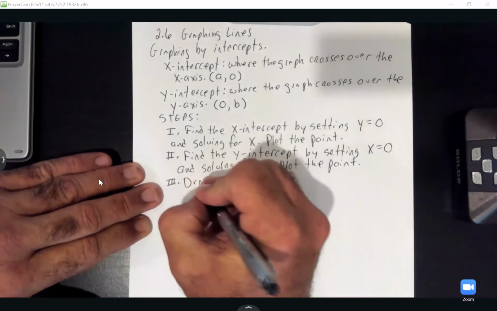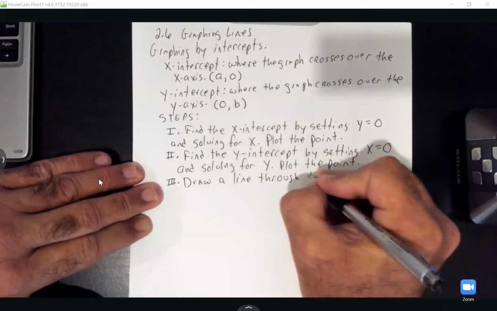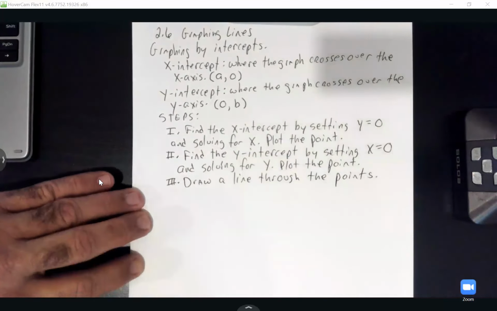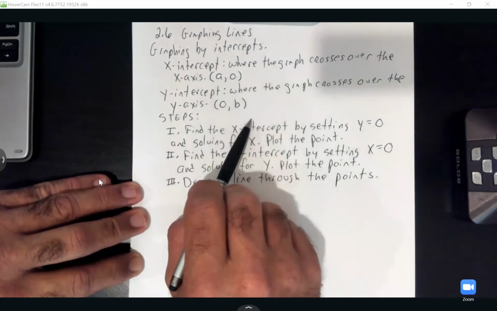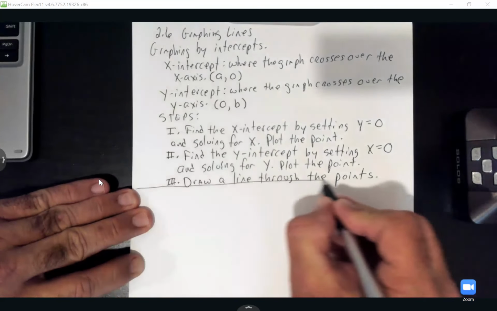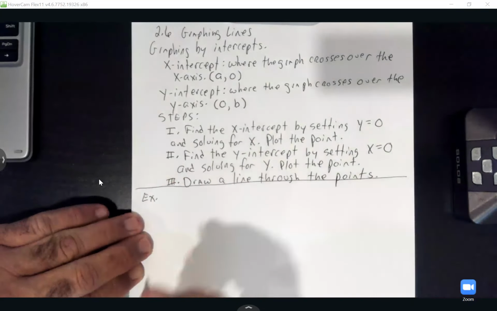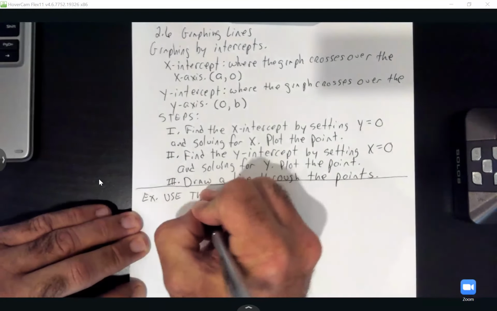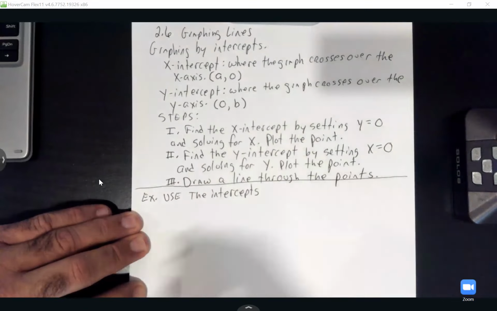At that point, draw a line through the points. So graphing by intercepts is nice because all we got to do is plug in zeros for the x and the y to get that other variable, plot them 2 points, okay? So let's graph a few of these. So for these exercises that I'm about to do, they want me to use the intercepts to graph the equation.